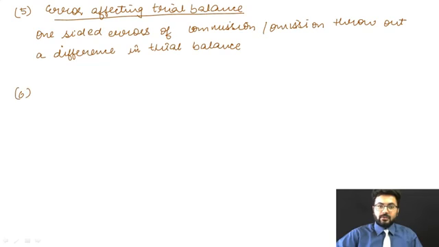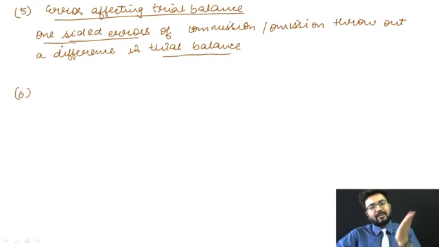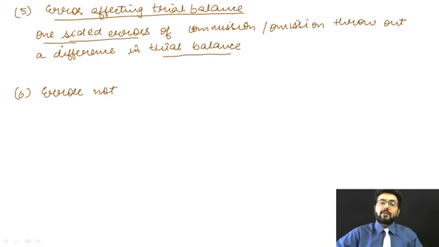Right? Understood? Got my point? Something which is going to affect the trial balance, those are the errors affecting trial balance. And there are also errors not affecting trial balance. Sir, what is error of commission and error of omission? I am going to give you a detailed study on this.